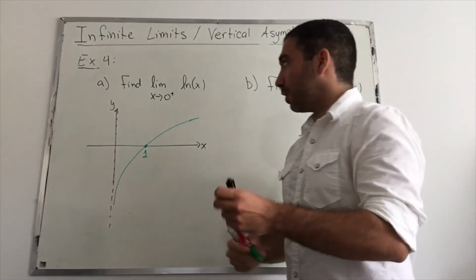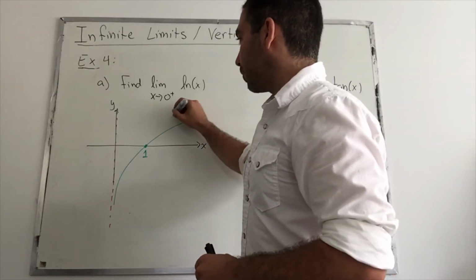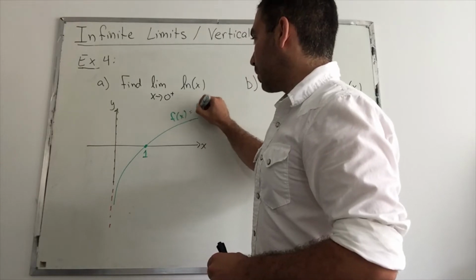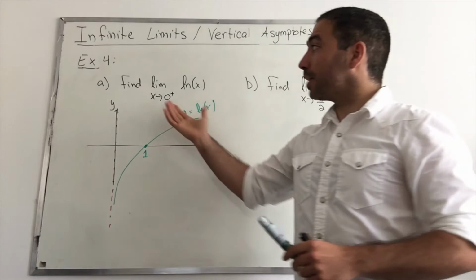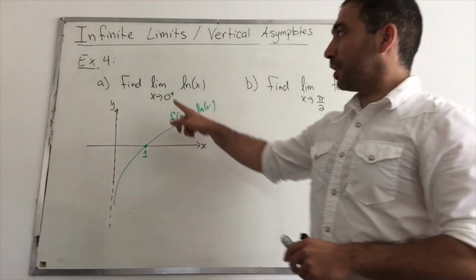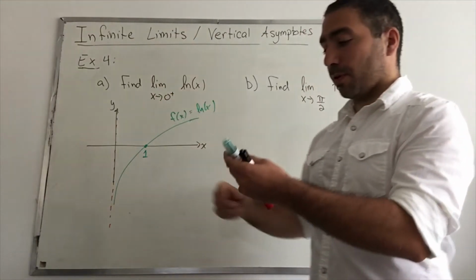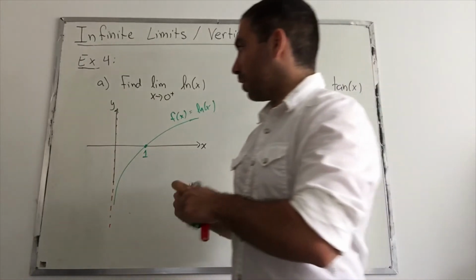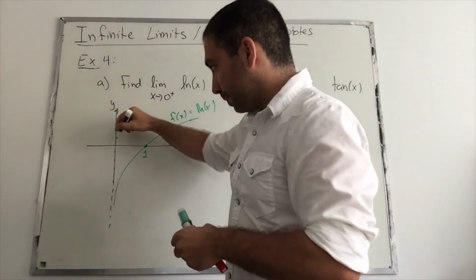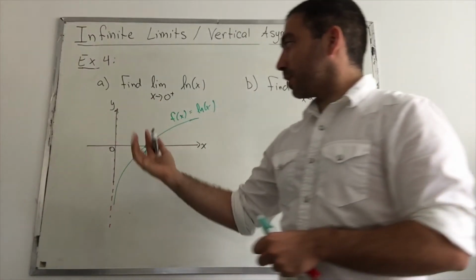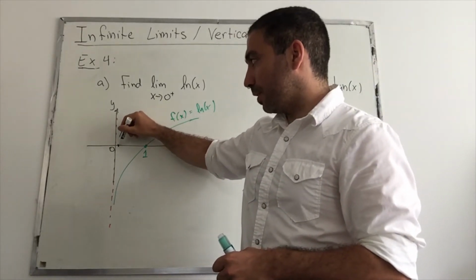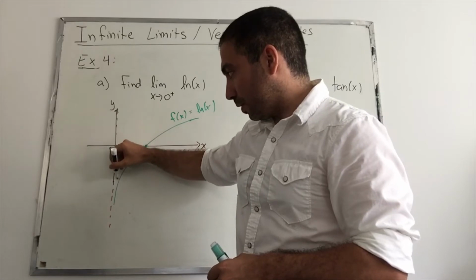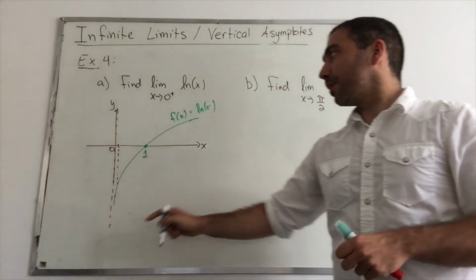So if we know this is the function f of x equals ln of x, now it's easy to figure out the answer. Because if we take the limit as x approaches 0 from the positive side, so the origin is here, slightly to the right of the origin, so 0.001 is about here, and if we go down, we hit the function down here.